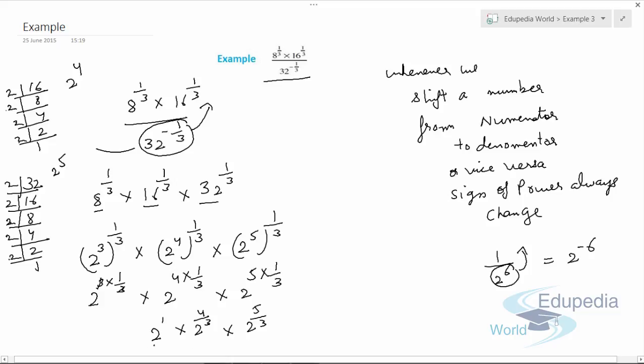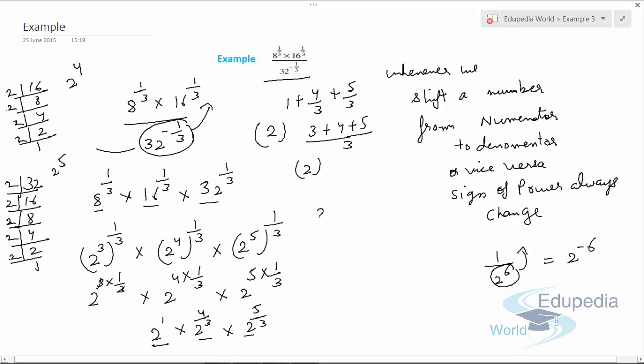Again we can apply a law. We have the same base, so we can add the powers. So we can write like this: 2 raised to power 1 plus 4 by 3 plus 5 by 3. Again it will become 2 raised to power, you can take 3 as LCM, so it will become 3 plus 4 plus 5.